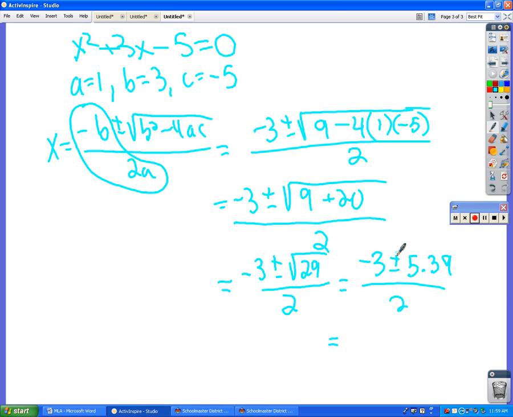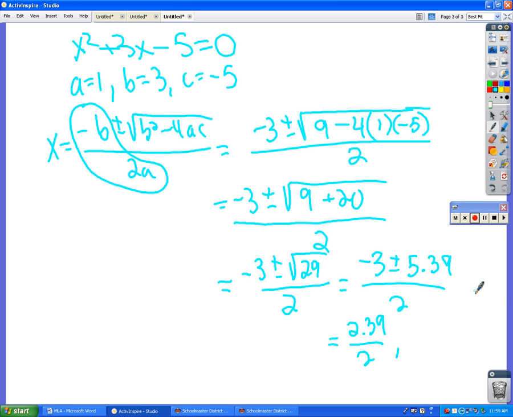How do you do that? The way you do that is we're going to have 2 separate answers here. I'm going to go negative 3 plus 5.39 first and divide that answer by 2. So negative 3 plus 5.39 is 2.39, and I have to divide that by 2. Then I'm going to go negative 3 minus 5.39 and divide that answer by 2.